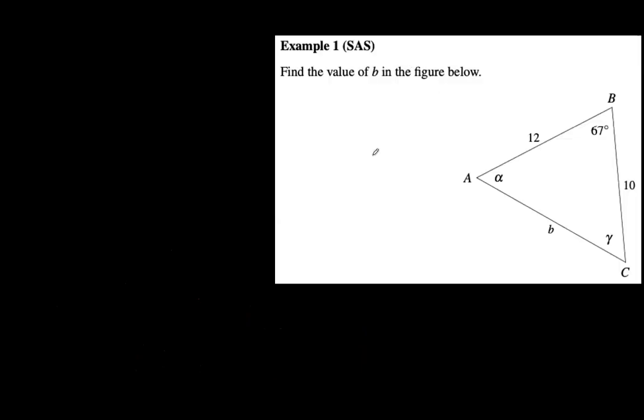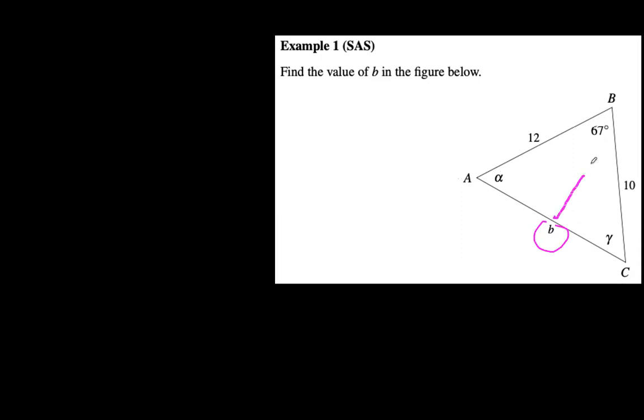So these triangles. Number one, this is under situation number one. We have the SAS type of given in a triangle. In this triangle ABC, we're looking for the side B. Now, the question is, can we find the side B, class?